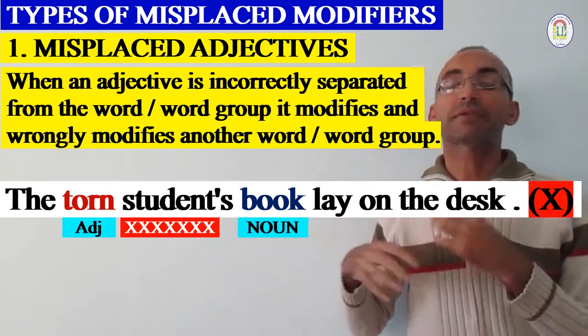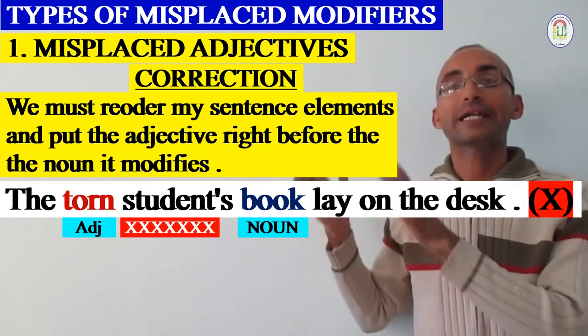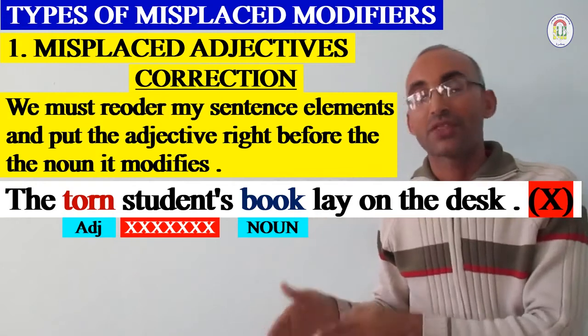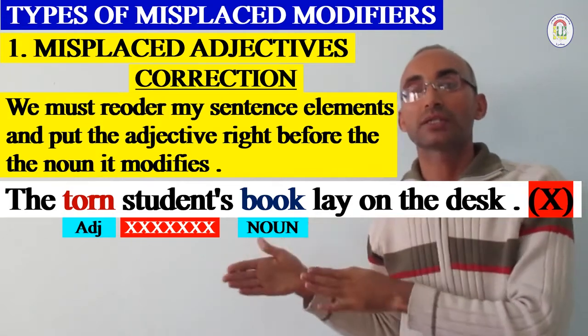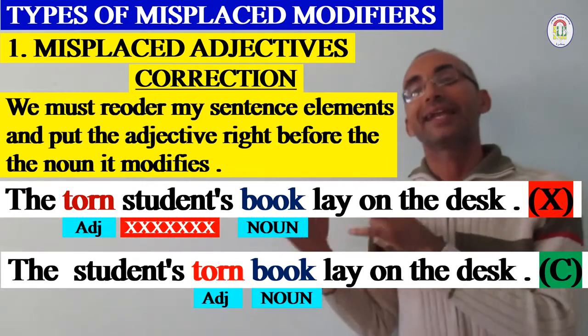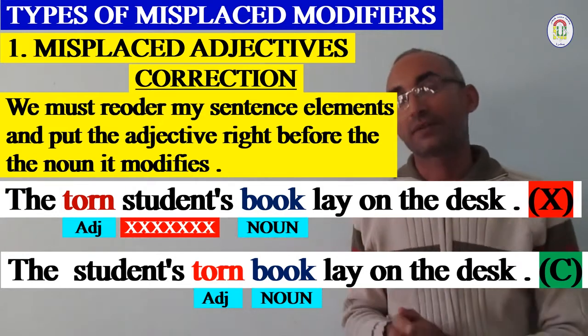So how can we fix it? Of course, by reordering my sentence elements and putting the adjective right before the noun it modifies, which is book. And I write, the student's torn book lay on the desk. Good.